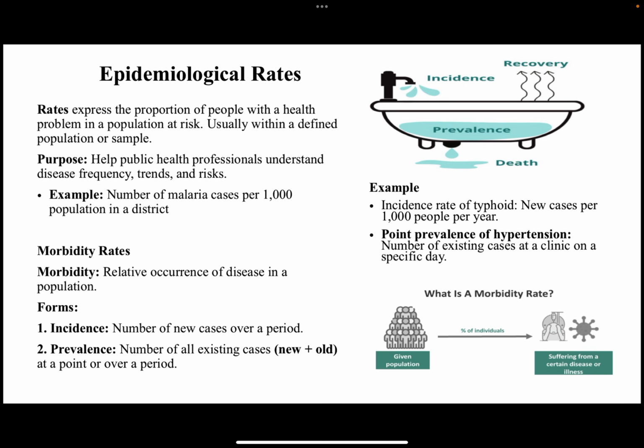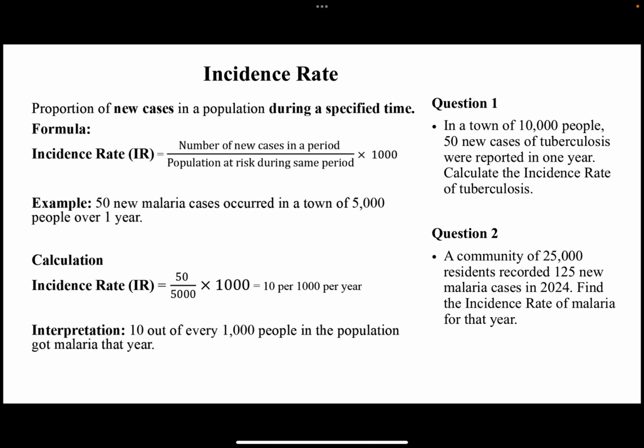Now let's move on to the morbidity rates, starting with incidence rates. Incidence rate is the proportion of new cases in a population during a specified time.